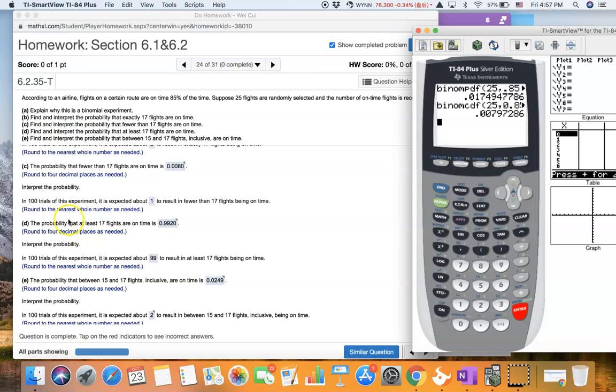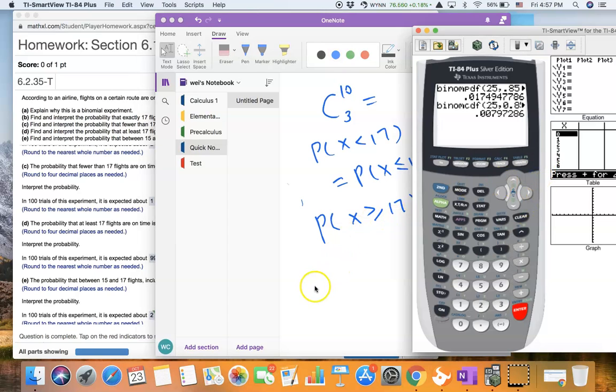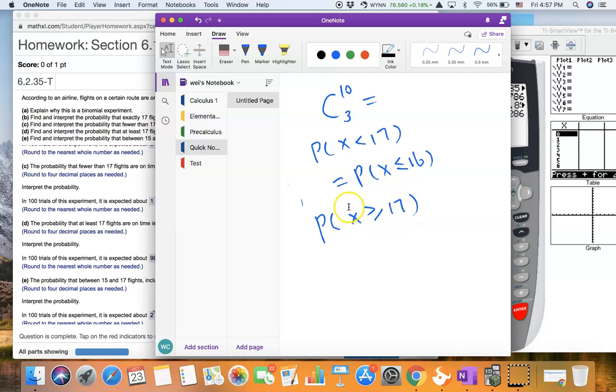Okay. Now, for D, the probability that at least 17 flights are on time. So this time we're looking for the probability that x is greater than or equal to 17. Now 17 is included. However, in the TI-84 calculator, we don't have a function for computing this probability.